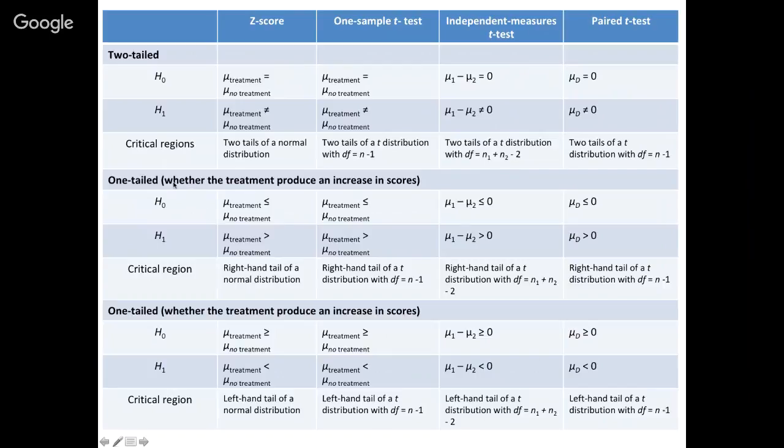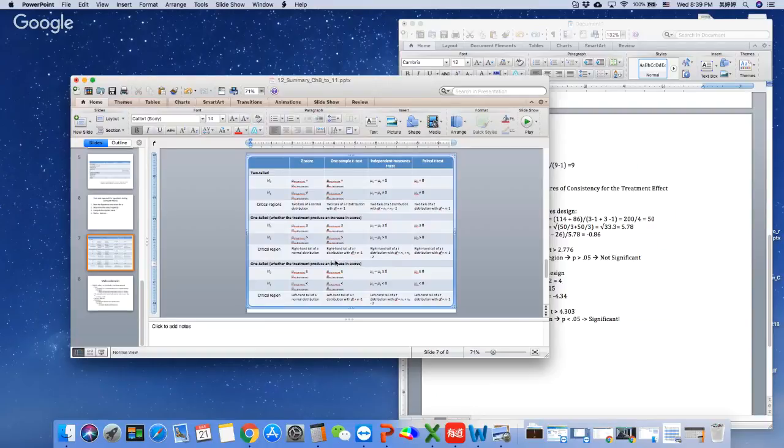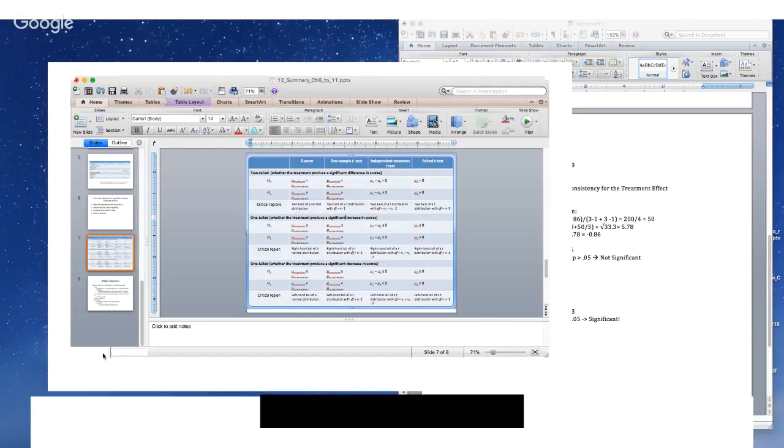If I ask you whether the treatment produces an increase in the score or a decrease, then you need to do a one-tailed test.